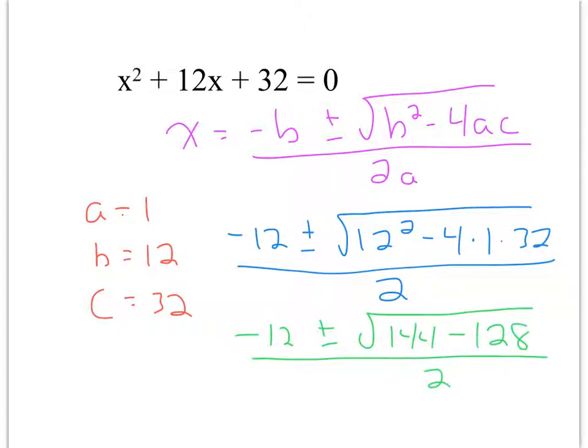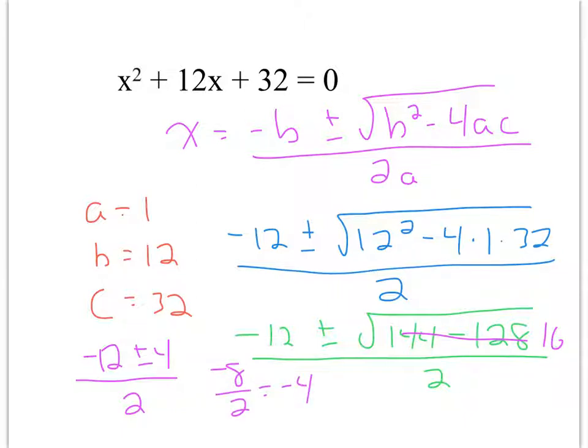Inside the radical now, I have 144 minus 128, which of course is 16. The square root of 16 is 4, so I have negative 12 plus or minus 4 all over 2, which now means negative 12 plus 4 is negative 8 over 2, which equals negative 4.